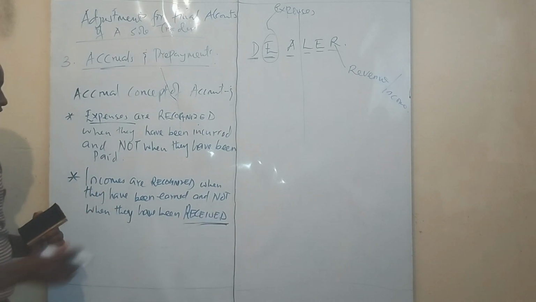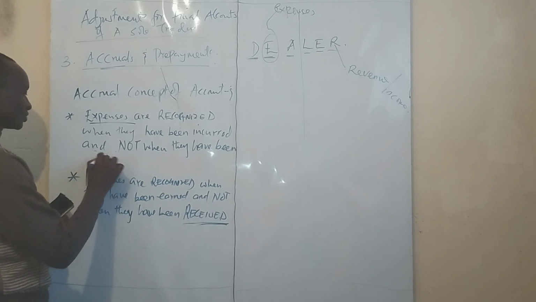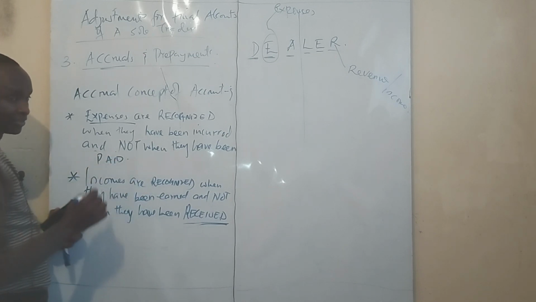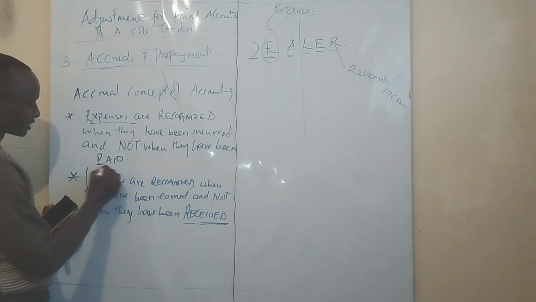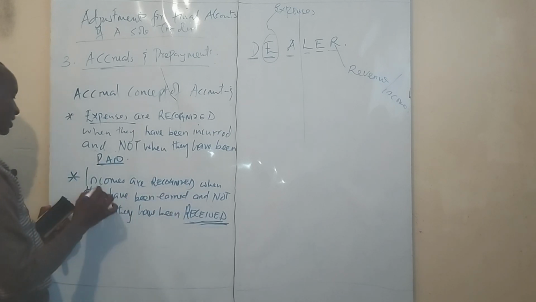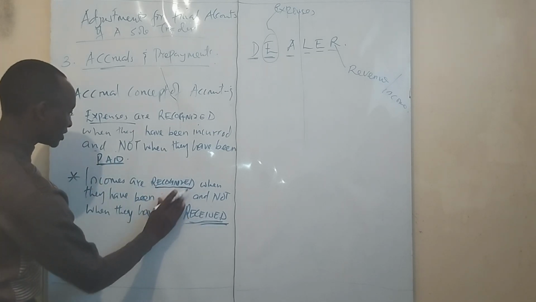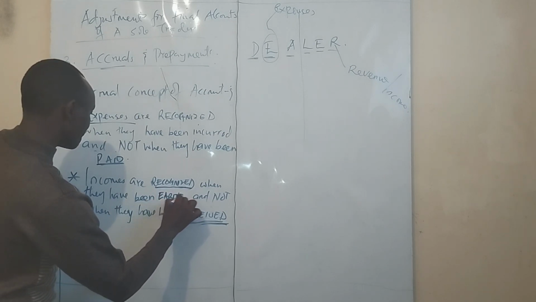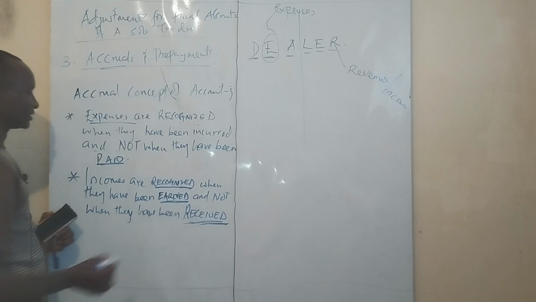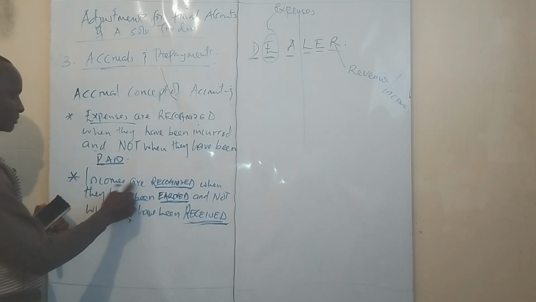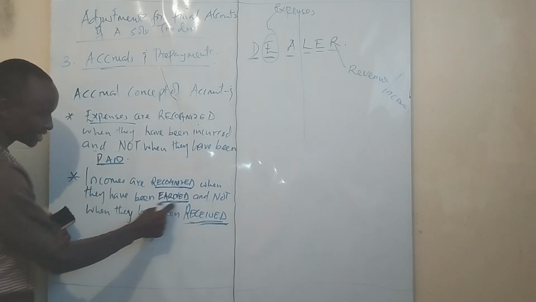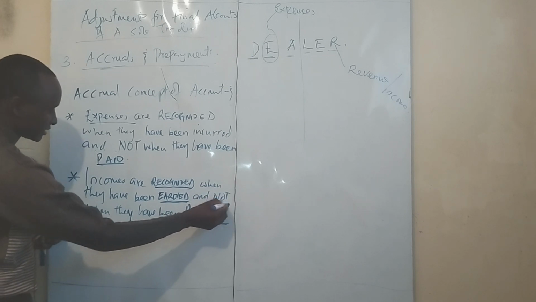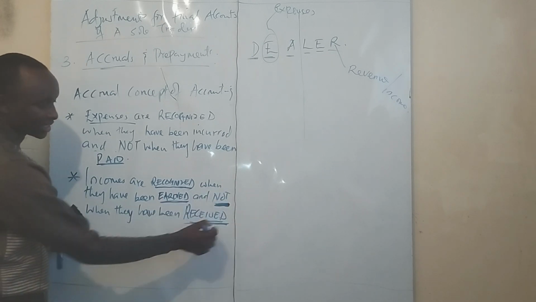So the keywords here, let me write this one in capital, very, very important. So the keywords here are paid, received. And so these ones also should be written in capital. Yes, so the incomes are recognized when they have been earned and not when they have been received.